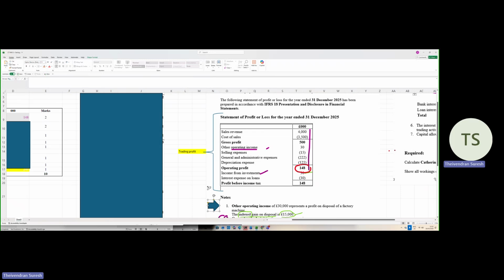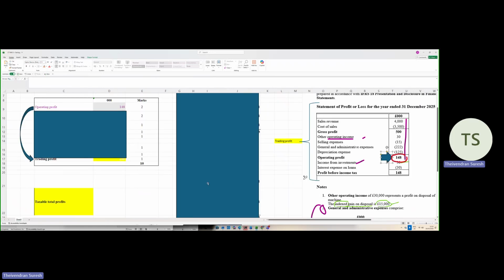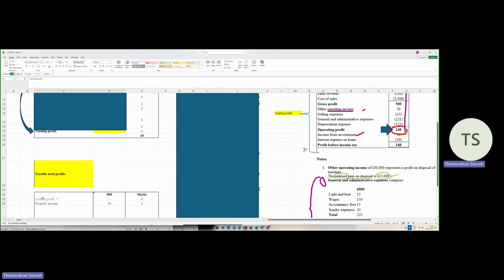Right, now let's take the first one. The first note is about this 30,000 other operating income. They're saying other operating income of 30,000 represents a profit on disposal of a factory. Now, when I took this operating profit in my working, I assumed this is my trading profit, then it can be recorded in my taxable total profit computations.